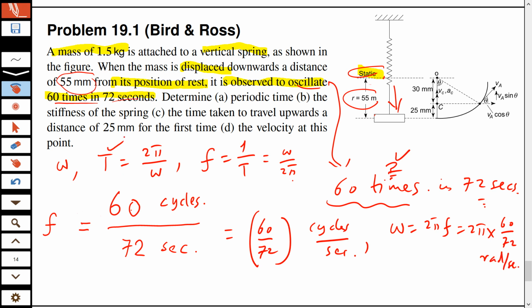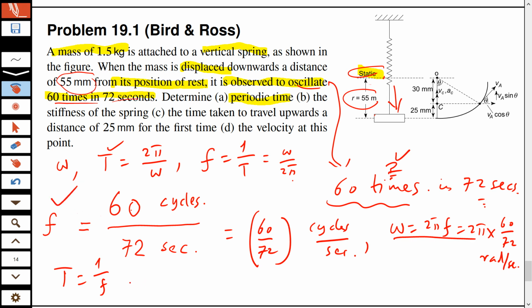And if I want, I can also calculate the time period. But let's see what is being asked here. Determine the periodic time. ठीक है ना, time period basically जानना चाहता है. What is time period? Time period is simply 1 over f. हमें इस चक्कर में जाना नहीं चाहिए था.